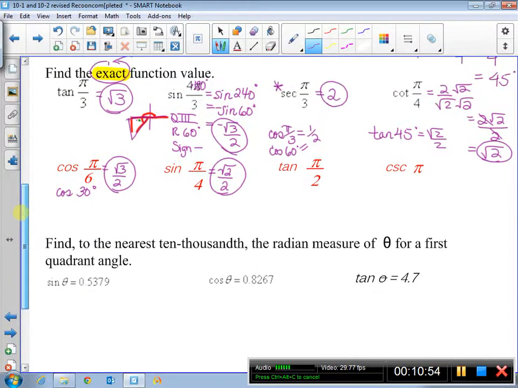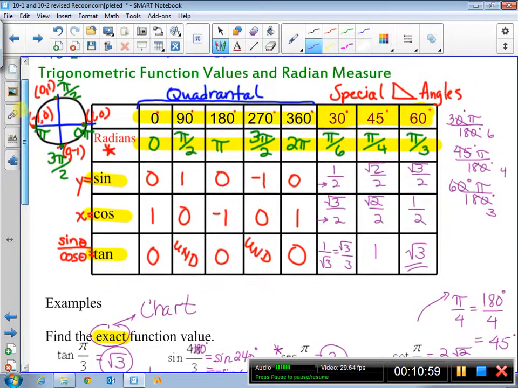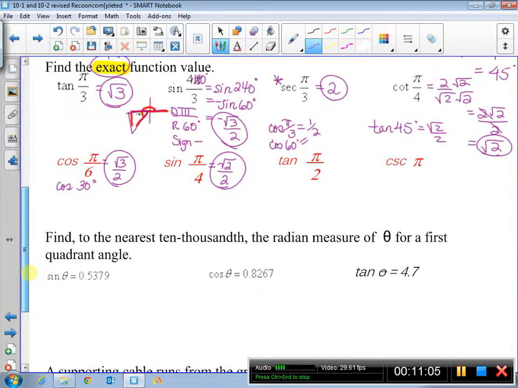Tangent of pi over 2. So that's halfway to 180. Tangent of 90. That's one of our undefined values. Tangent is not defined at 90 degrees. And cosecant of pi, well, there's a reciprocal function.